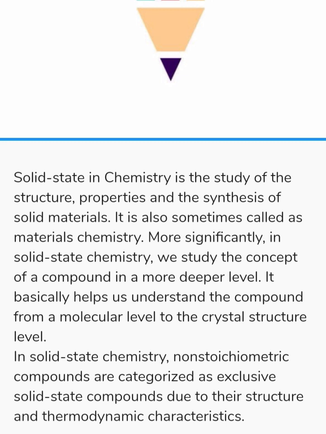It basically helps us understand the compound from the molecular level to the crystal structure level. In solid state chemistry, non-stoichiometric compounds are categorized as exclusive solid state compounds due to their structure and thermodynamic characteristics.